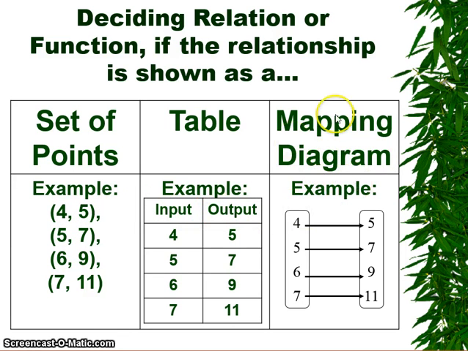The third way is the mapping diagram. The mapping diagram uses arrows to show the connection between two numbers, the inputs on the left and the outputs on the right. If you think about it, inputs come before outputs, and just as we read from left to right, so a mapping diagram is read.